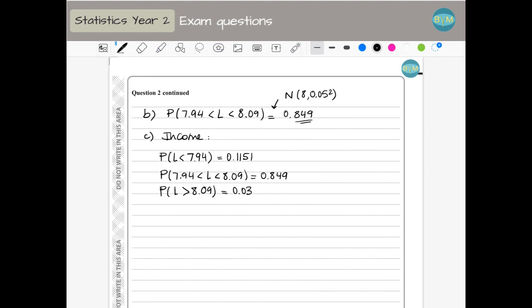With the calculator, or just subtracting from 1 the two values that we found. Again, I'm going to round to 3 decimal places, for example.